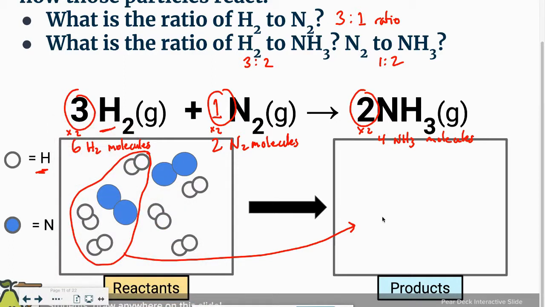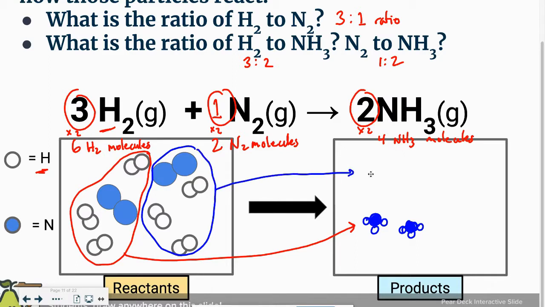So I'll make 2 NH3s for that group of 1 recipe. Okay, and over here I can see I have another group of 3 H2s and 1 N2, so that will give me another 2 NH3s. Apologize for my messy molecules here.